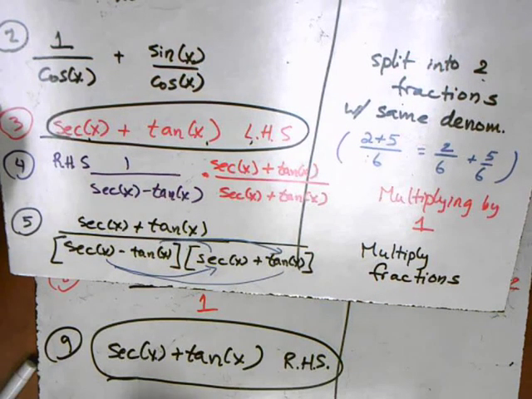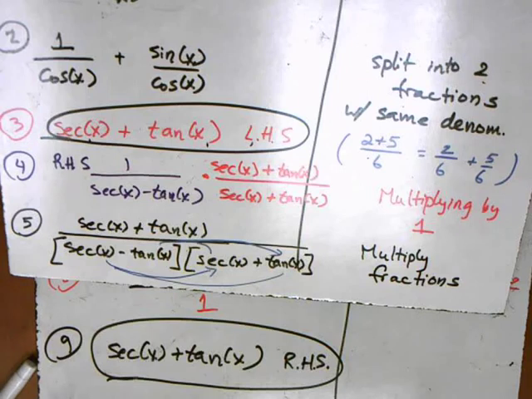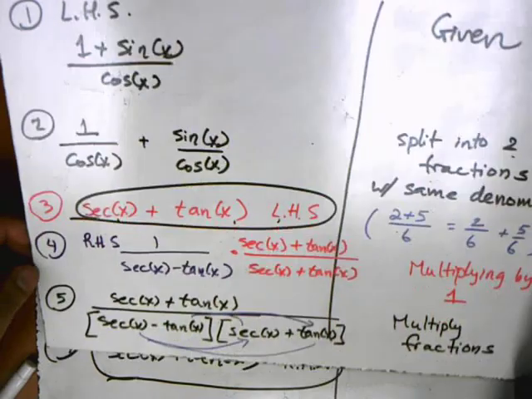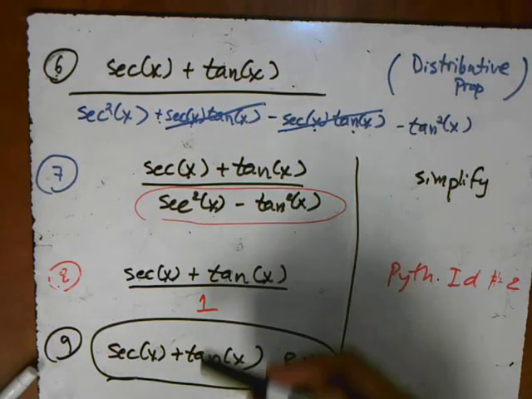So we can say here that the left-hand side from step 3 is really equal to the right-hand side from step 9 in our proof here. And left-hand side equals right-hand side, so our proof is done. And if you notice, we've really just worked on the left till step 3, worked on the right to the end.